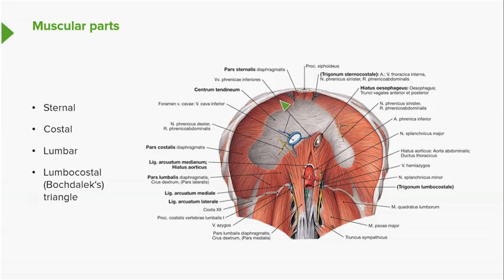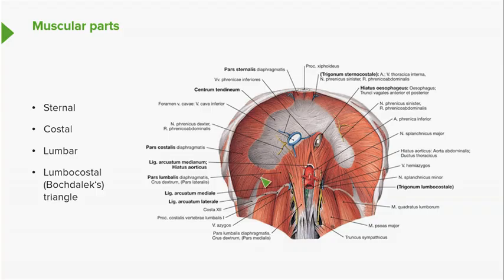We also have a more extensive part of the diaphragm with attachments to the ribs, and this more extensive part of the diaphragm would be the costal part. And then we also have lumbar components to the diaphragm, and we see those contributions through here.